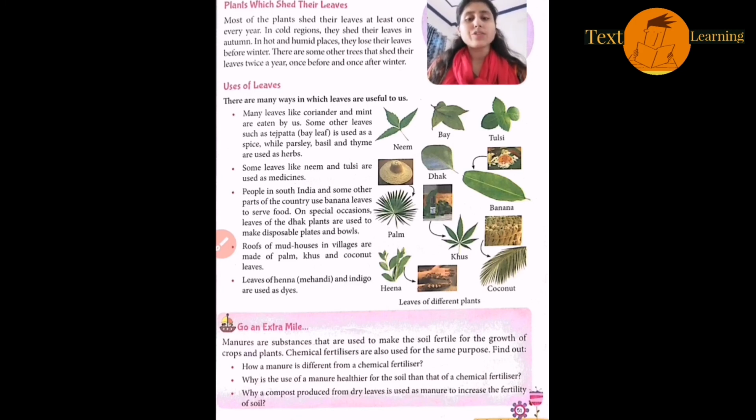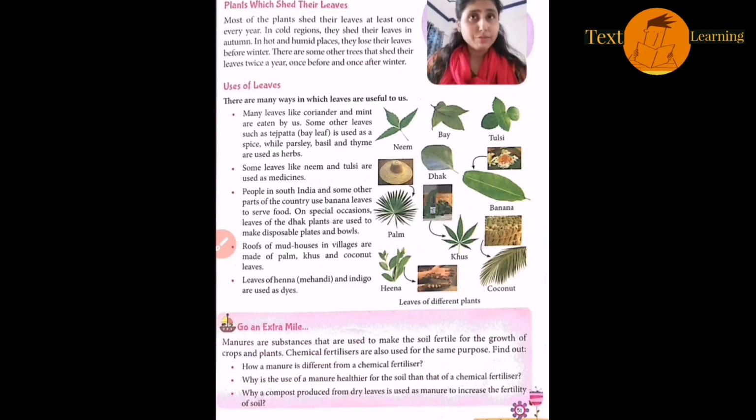Now let's go an extra mile. Next is manure. Manures are substances that are used to make soil fertile for the growth of crops and plants. Do you know what manure is? Manure is the waste of animals, which we put in the ground to grow plants.